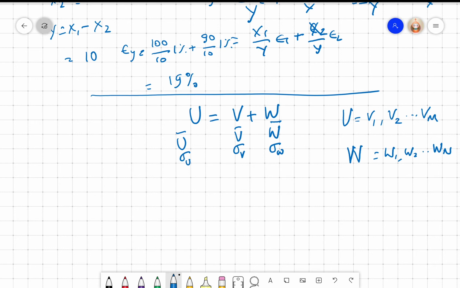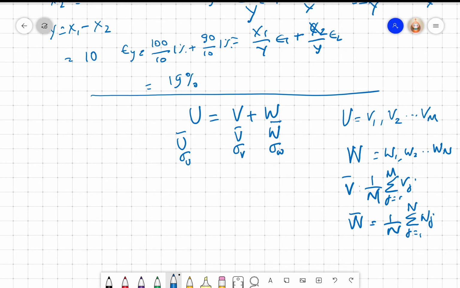So of course I know V bar is equal to 1 by M, sigma j equal to 1 to M, Vj. And W bar would be 1 by N, because I made N measurements, sigma j equal to 1 to N, Wj.